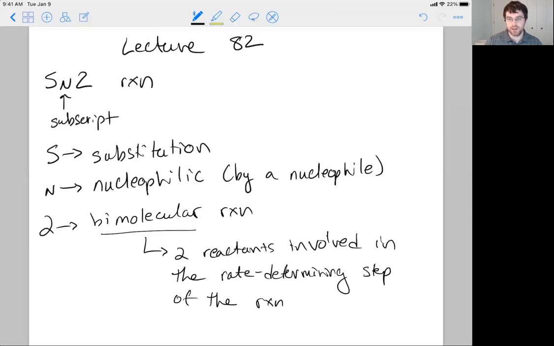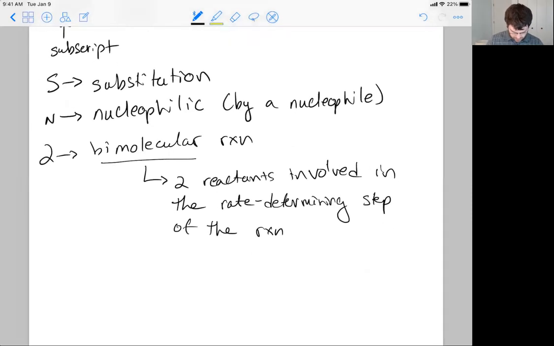Now what this looks like is we generally take some haloalkane, and I'm going to draw the haloalkane like this. A haloalkane, if you recall, is a series of carbon and hydrogen atoms with at least one halogen attached to the carbon, and there are only sigma bonds present in the molecule.